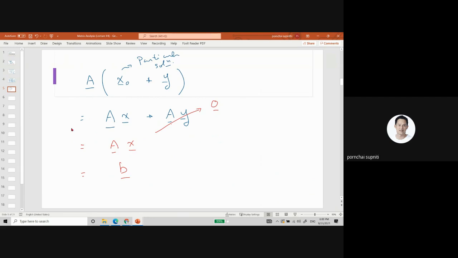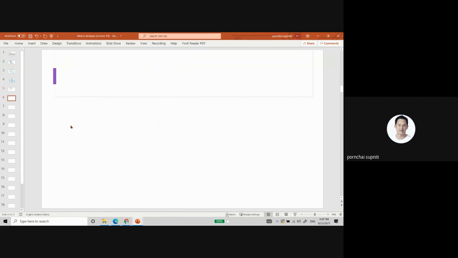Next, we will look at how to find solutions in general. Well, you can use an inverse, of course. But in general, if A is not square, then there are different ways to do it.